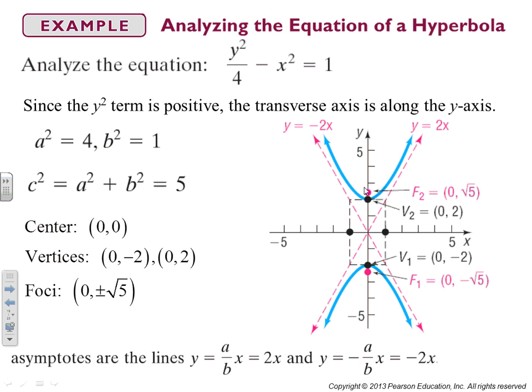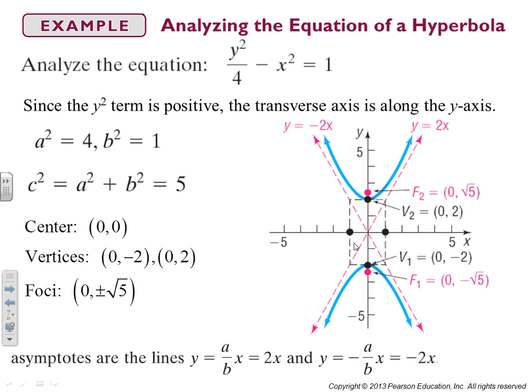Once we have the asymptotes, we no longer need to find another point to tell us how narrow or how widely our hyperbola opens. So we have our vertices at 0, negative 2, and 0, 2. We have our box, because a is 2 and b is 1.